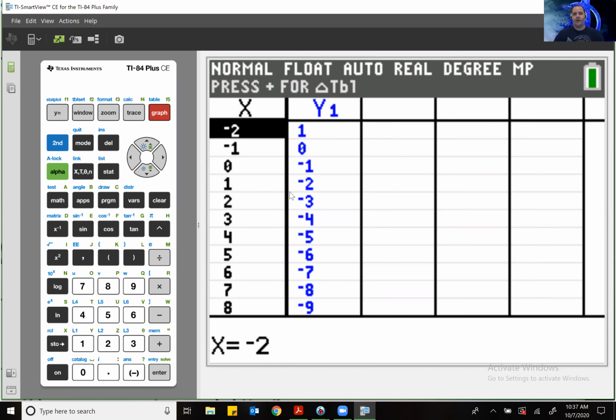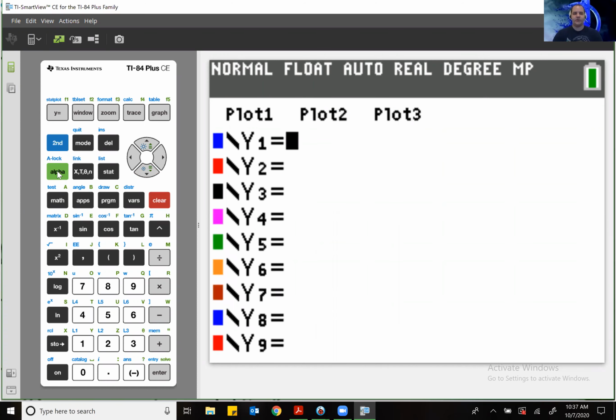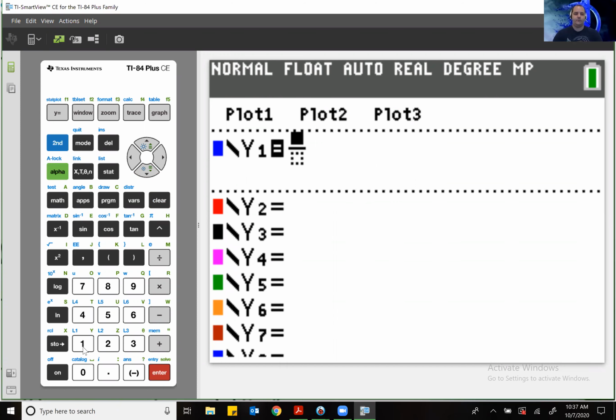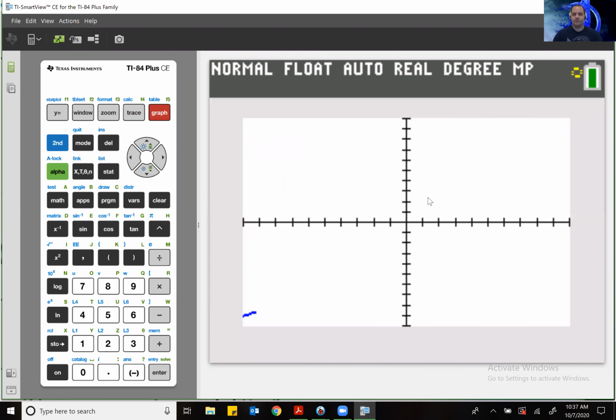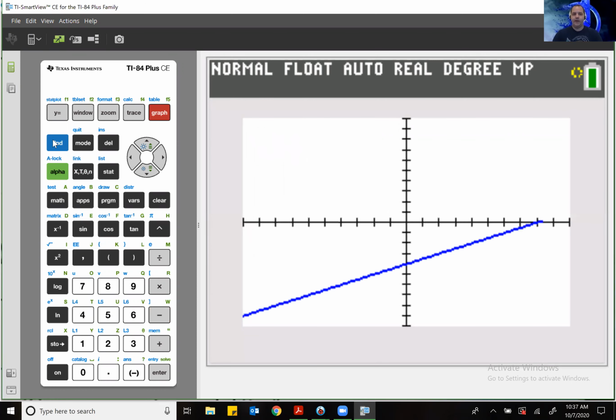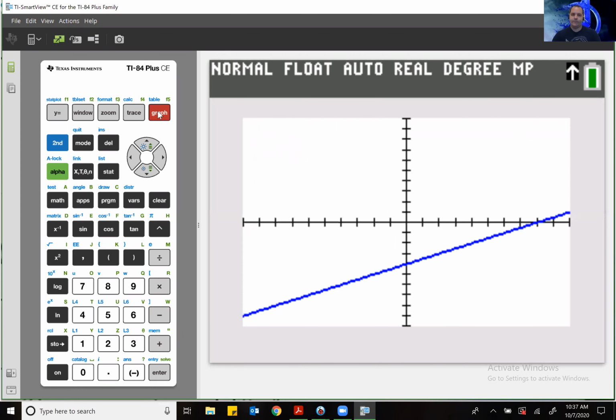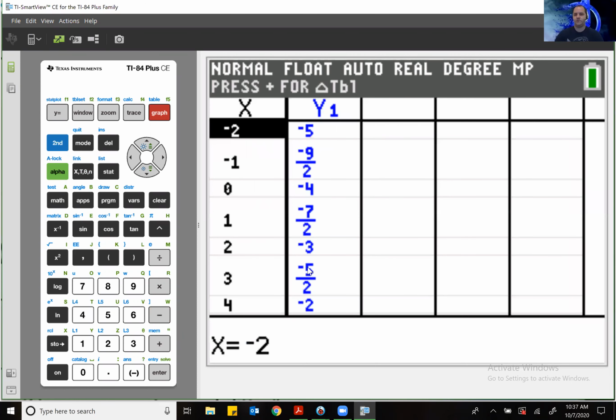And then just go back into the y equal part, delete out that equation, and then graph the second one. So there's the second equation, and you can hit second table, and there are your points.